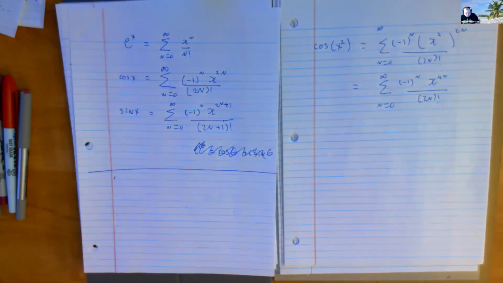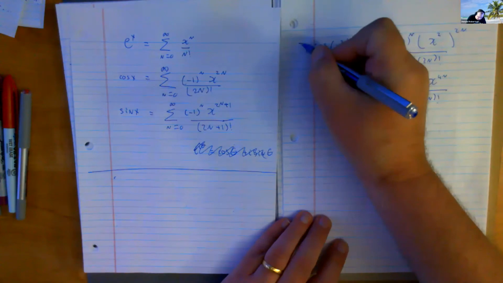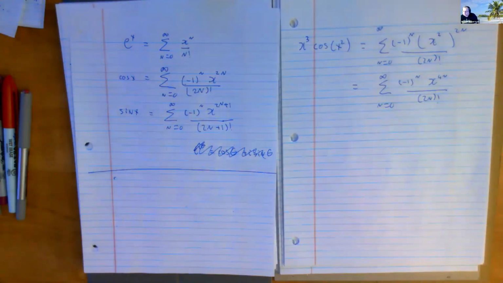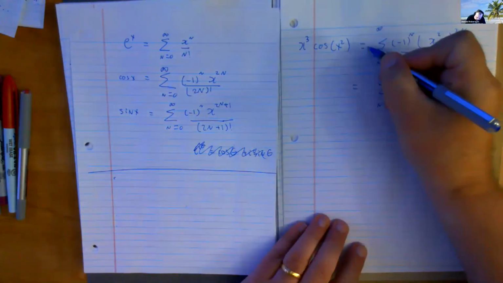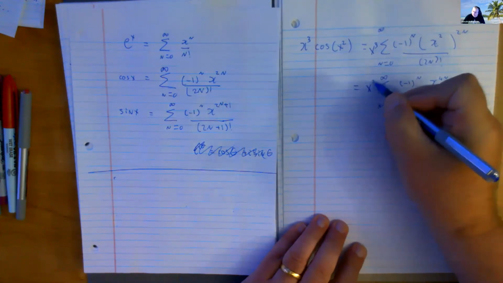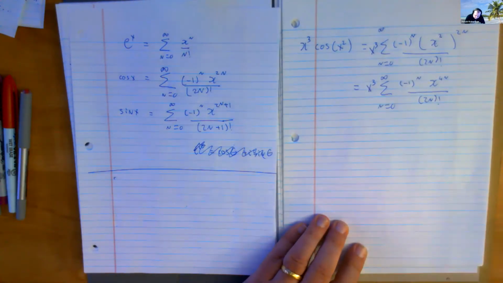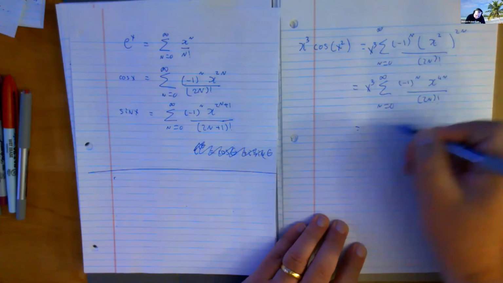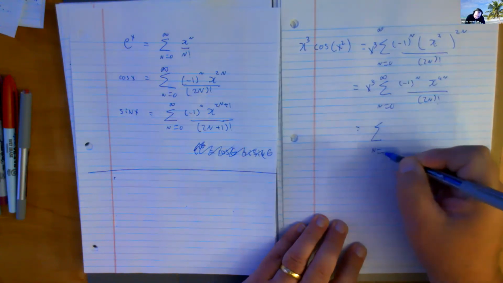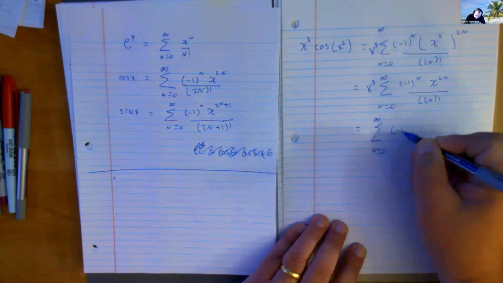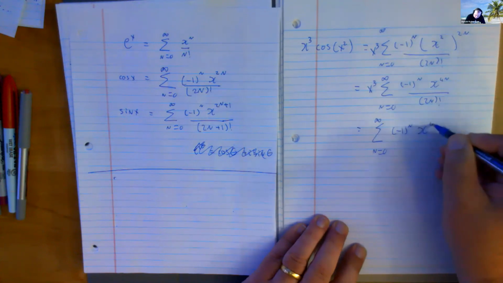And suppose I want x cubed times that. Then don't I stick an x cubed in the front? And then can't I bring that inside? And when I bring it inside, I essentially just add 3 more.